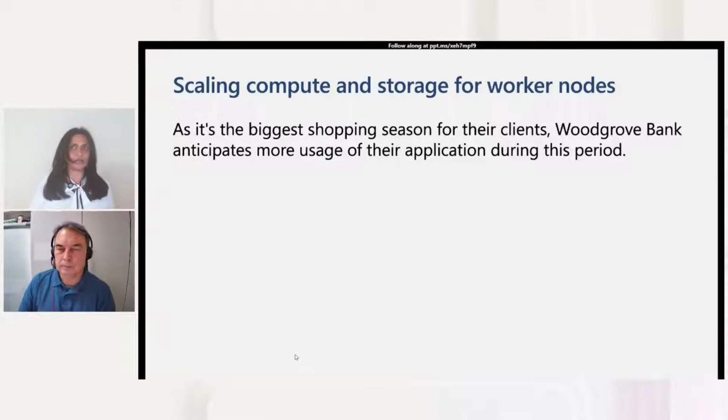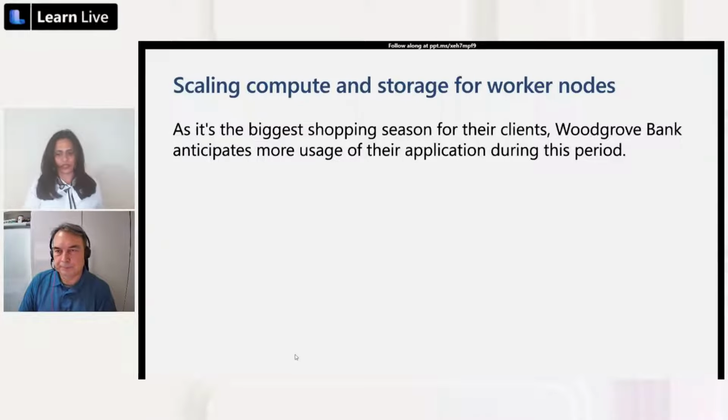They're going to have a lot of transactions come through, and so it needs to be processed and they need to have more compute power. So, in order for us to meet this requirement of theirs, how do you think the scaling of compute and storage will help them? Will it help them?